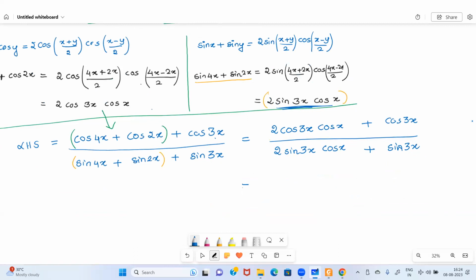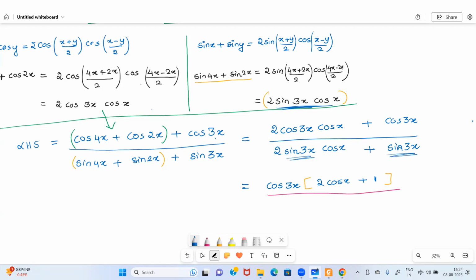So tell me, students, from the numerator, what can be taken out? I can take cos 3x outside from both these terms. So what will be left out? Tell me. First term, I'll have 2 cos x. Second term, it will be 1. Correct? Now let's look at the denominator. I can take out sin 3x common.